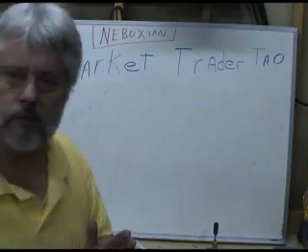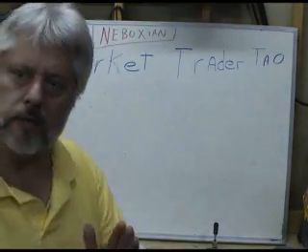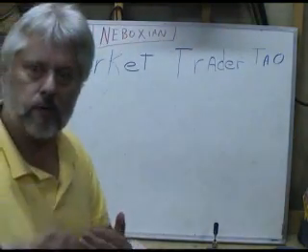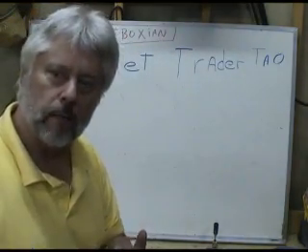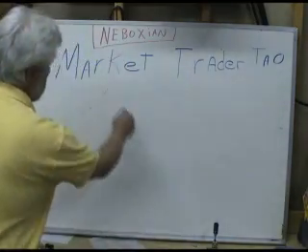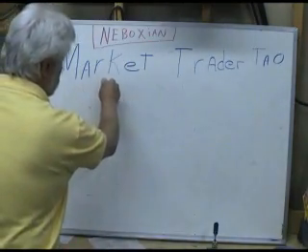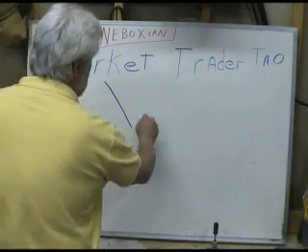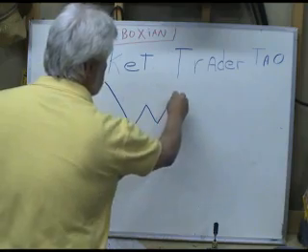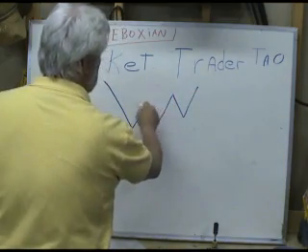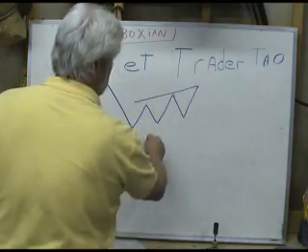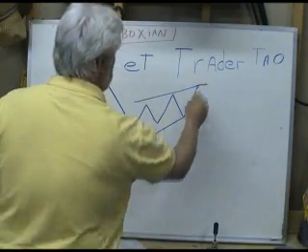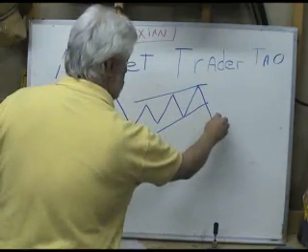Now, rising wedges are always bearish. It doesn't make any difference which direction of the trend they're coming from. In other words, if you're in a downtrend and you have a rising wedge pattern, and those lines tend to funnel toward each other, that's going to be bearish.